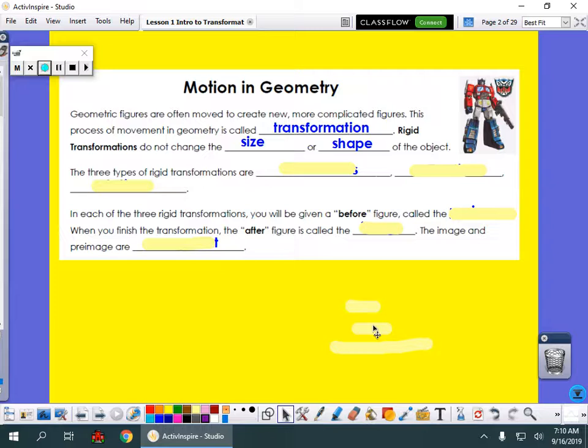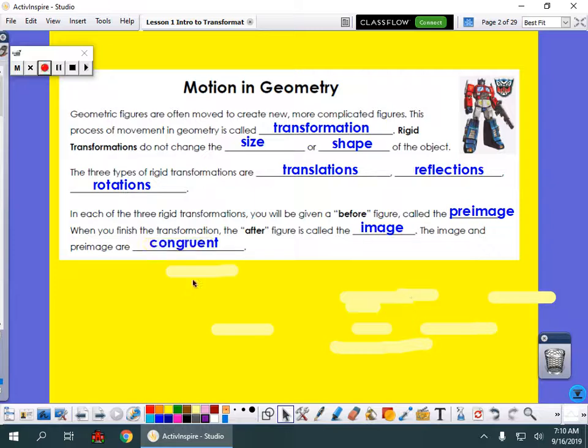The 3 types of rigid transformations are translation, reflection, and rotation. These are the 3 things that we're going to look at today. In each of the 3 rigid transformations, you'll be given a before figure called the pre-image. When you finish the transformation, the after figure is called the image.